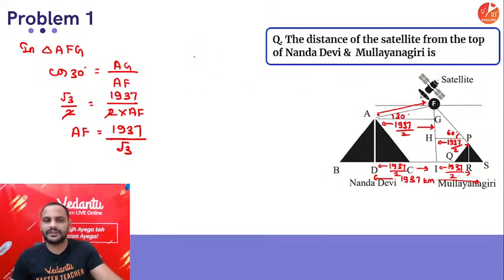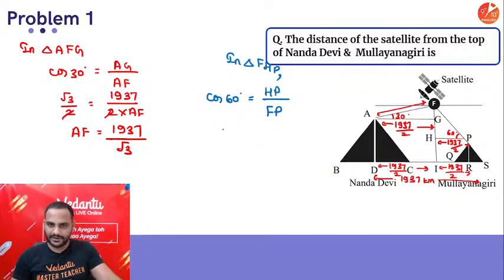Similarly, FP if we need to find out. So for the second one, I'll go for the triangle FHP. I will say this time cos 60 degree will be equal to base HP upon FP. Cos 60 is 1 by 2 is equal to HP is 1937 by 2 into FP.